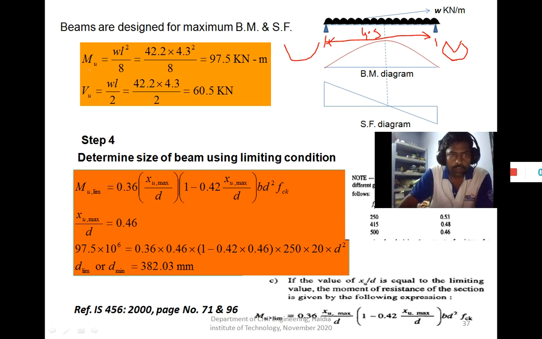The expression is WL square by 8. The maximum bending moment occurs at the middle and is equal to WL square by 8.